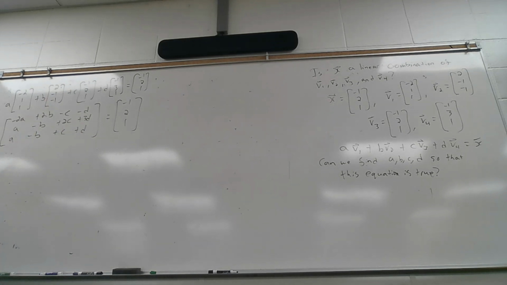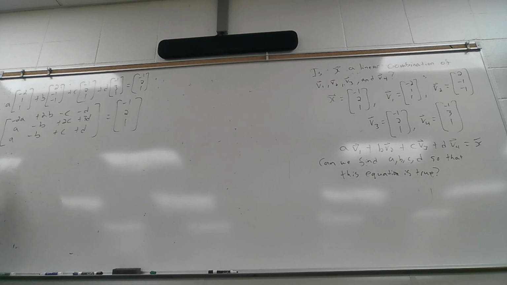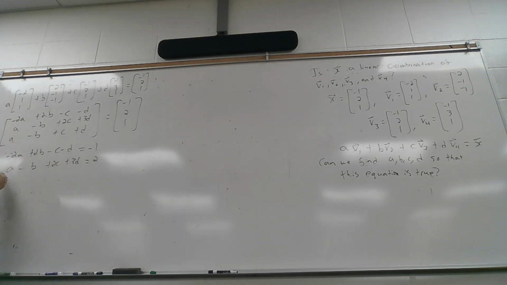Hey, wait a minute. This looks like a system of equations, right? This first one is a bunch of stuff in variables equals a number. Minus 2a plus 2b minus c minus d equals minus 1. A minus b plus 2c plus 3d equals 2. And a minus b plus c plus d equals 1.